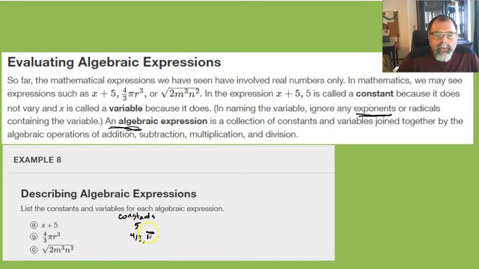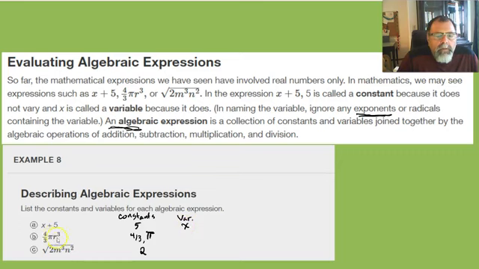Remember I said pi just represents a number that doesn't change, 3.14, and so on. It's irrational. And then in this expression, the square root's not a number or anything, so 2 is a constant. That's it. And then the variables, I'm just going to write var, x.